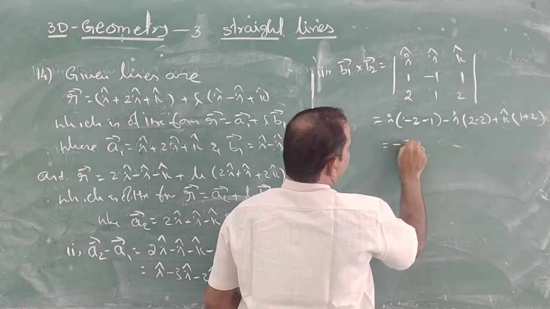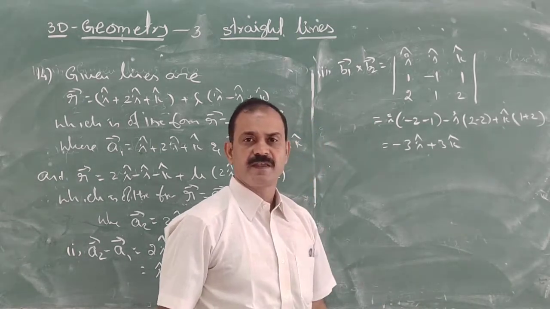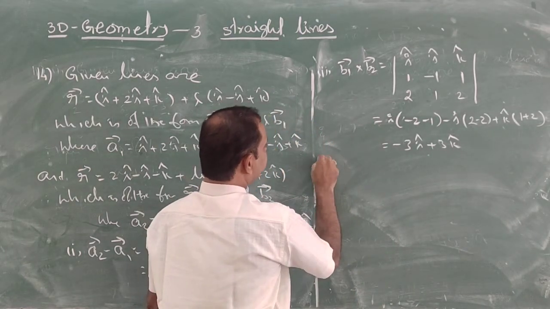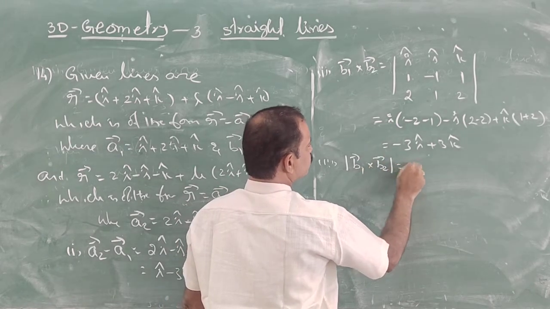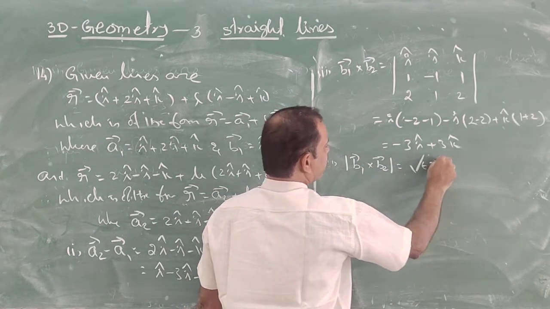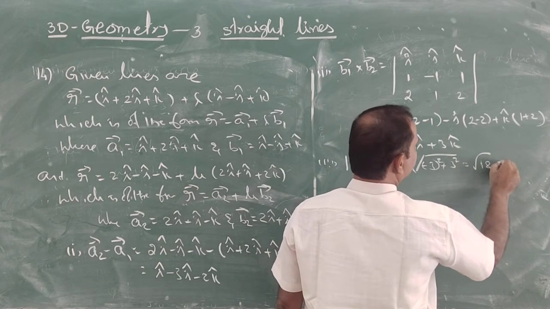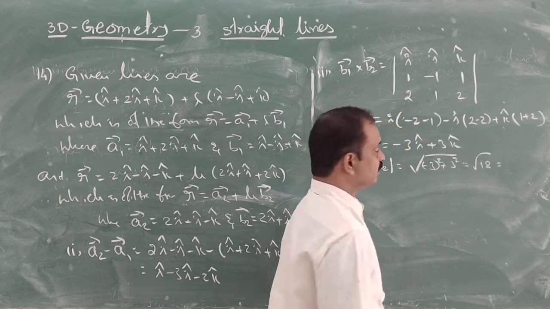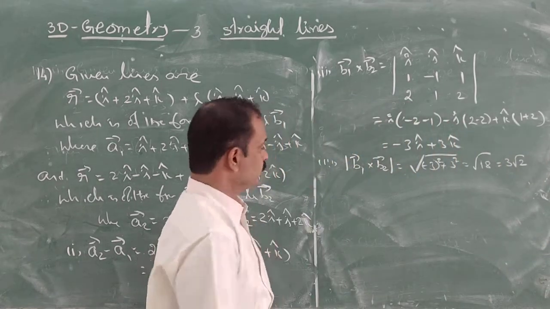This is minus 3i plus 3k. Then what else is required? Third one, magnitude of b1 cross b2, that is under root minus 3 whole square plus 3 square, which is root 18. You can write it as 3 root 2.